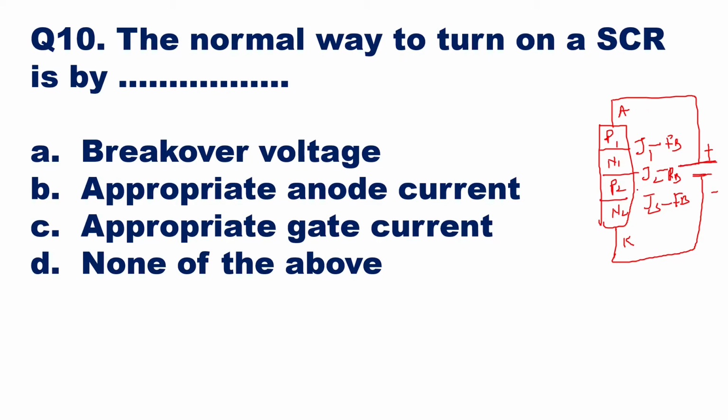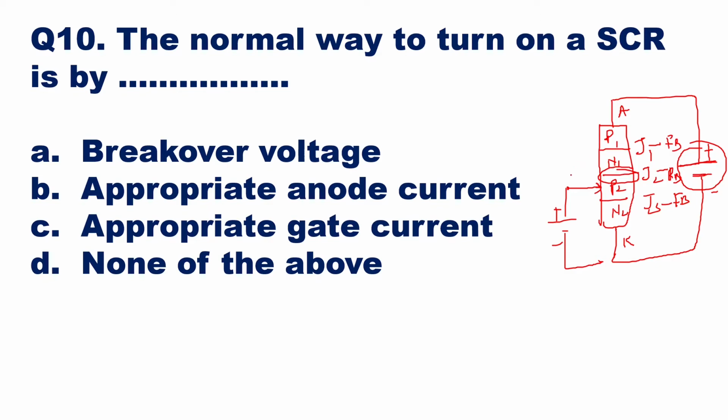So we go with another method: keep this voltage at some specific value and then apply a positive gate pulse. In that case the second junction of the SCR will go into breakdown early, and then you can say the SCR is conducting.